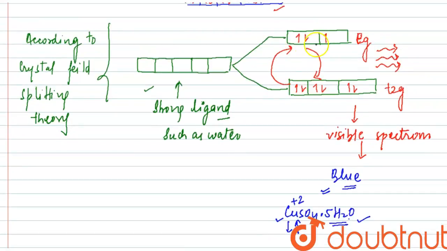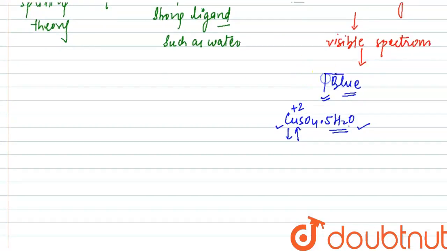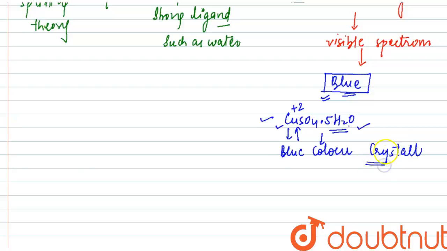And that electron, if it returns back to its original position, will radiate the absorbed energy in the form of visible spectrum. And this is the reason why we have blue color in copper sulfate pentahydrate. So this is the blue color crystal that we have. This is something that we need to keep in our mind.